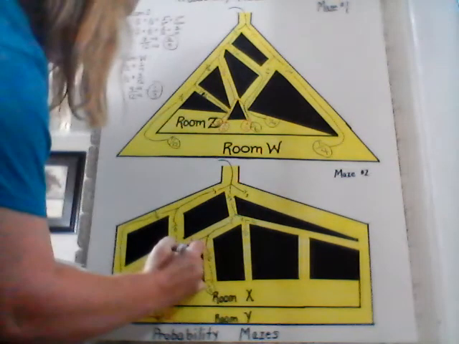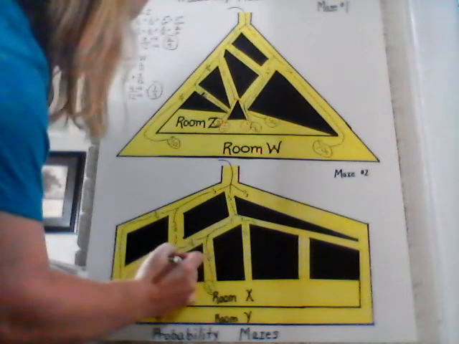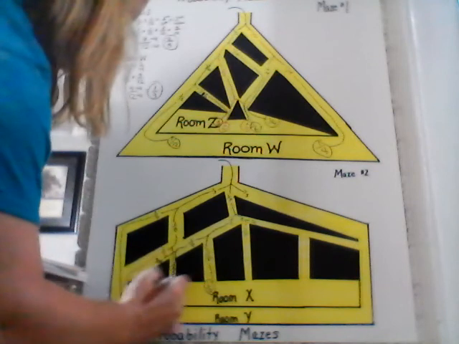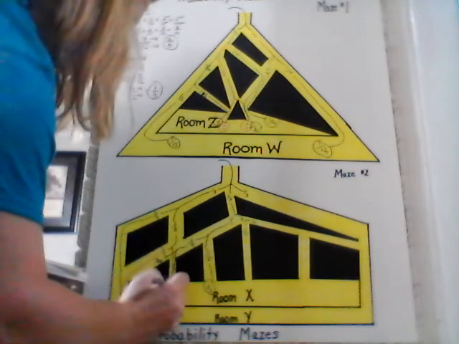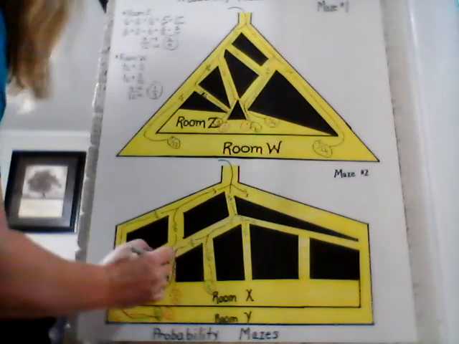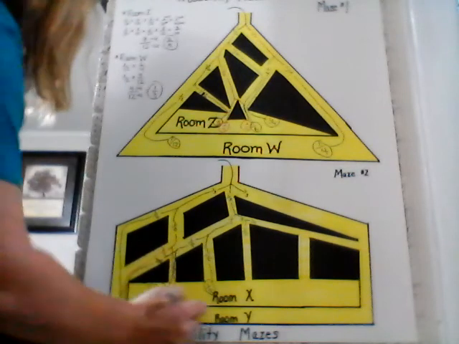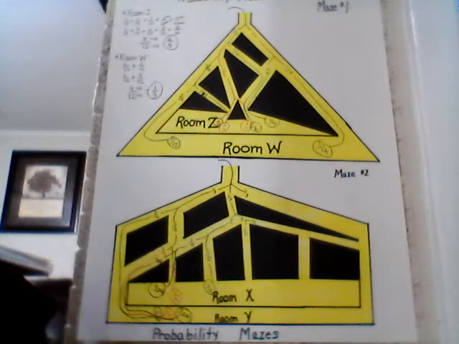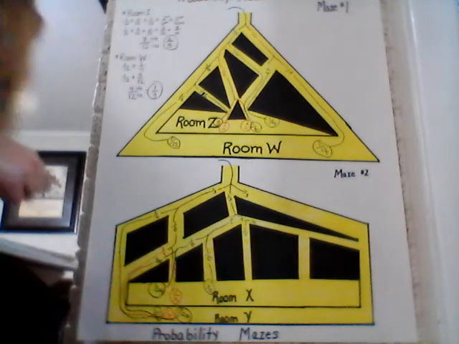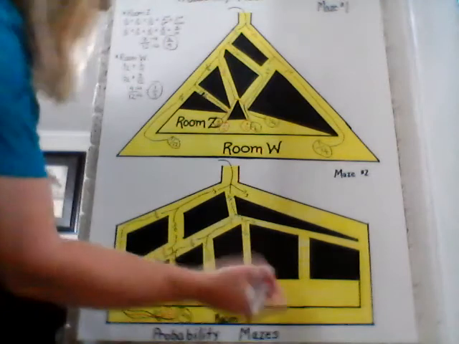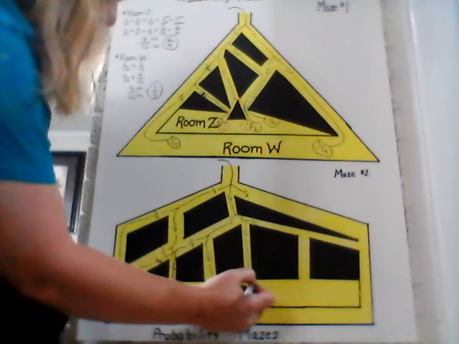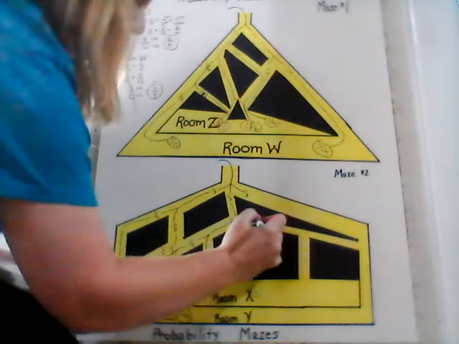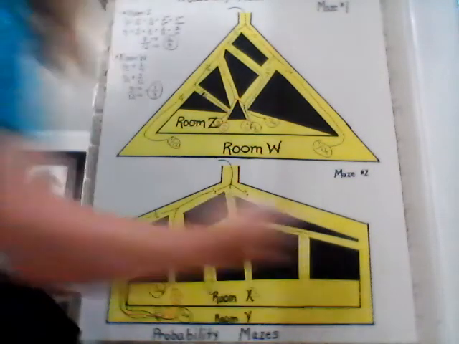When it gets to here, it's going to make a split. 1/12 split becomes a 1/24. 1/24 went into room X. 1/24 ends up in room Y. Now we come back to here, this 1/12 just drops into room X. This 1/12 is going to travel until it makes the big split.